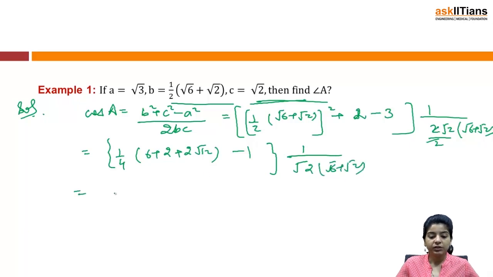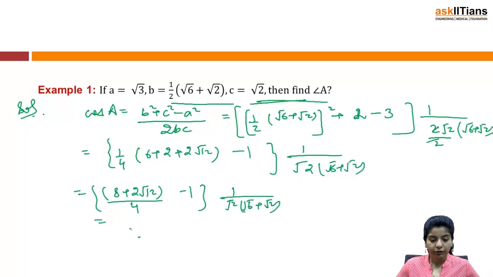So this becomes 8 plus 2 root 12 by 4 minus 1 into 1 by root 2 into root 6 plus root 2. So if I take 2 common, I get 4 plus, and in fact root 12 can be written as 2 into 2 into 3, so I can take out 2 also common from here.